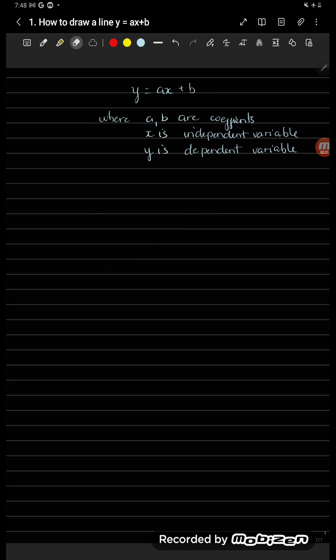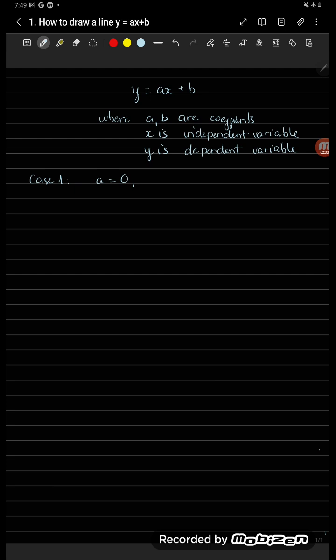Okay, so we'll start from the most simple cases. Case 1: a is a coefficient, which means it is a number, and a is equal to 0.